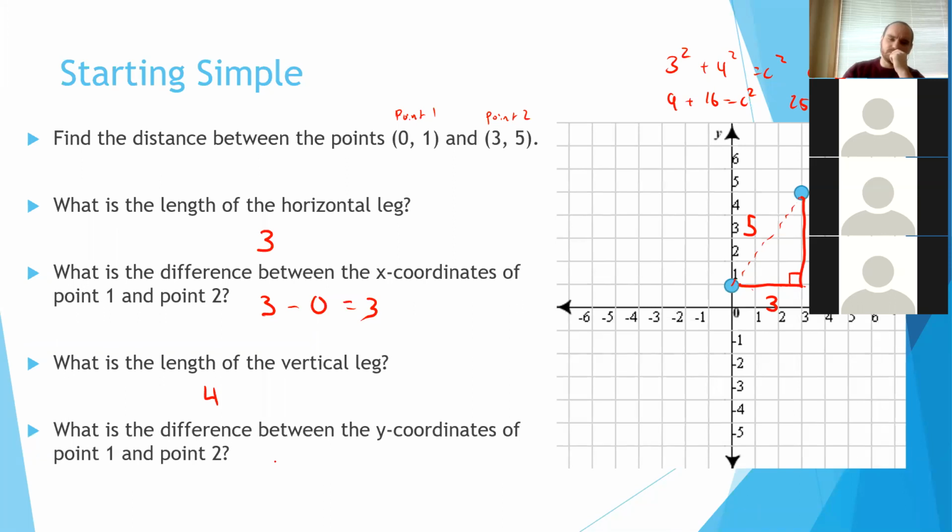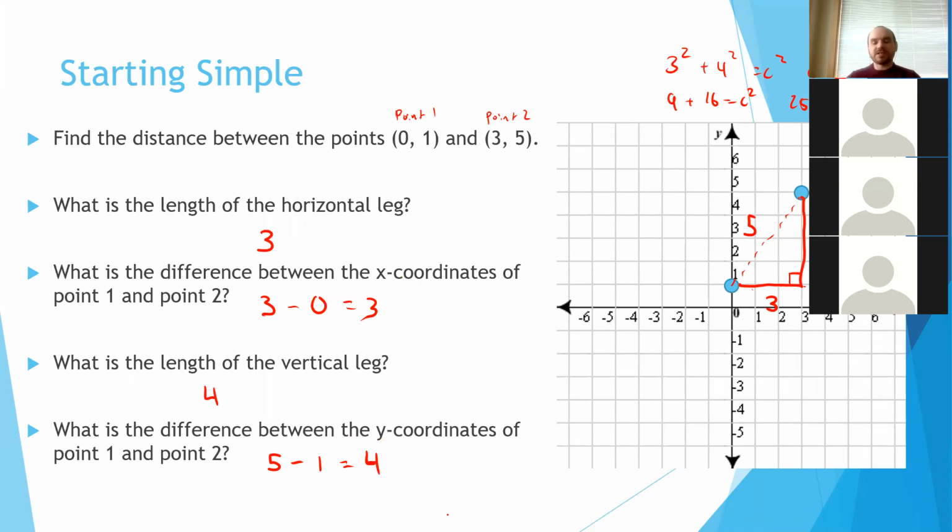So what's the y value of point 2? Yeah, it's 5. And we're going to subtract, what's the y value of point 1? That would be a 1. And that'll give us a difference of 4.